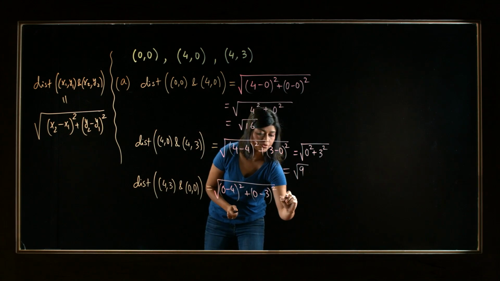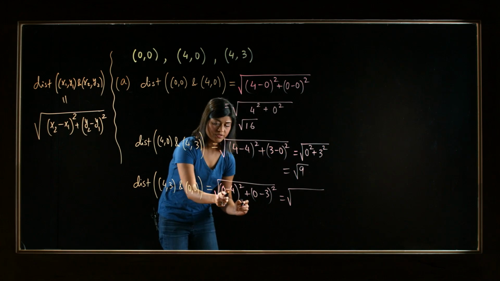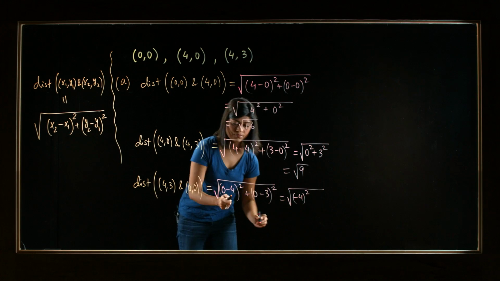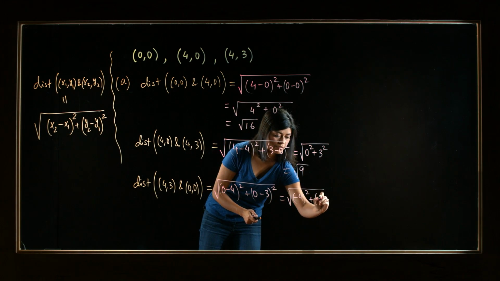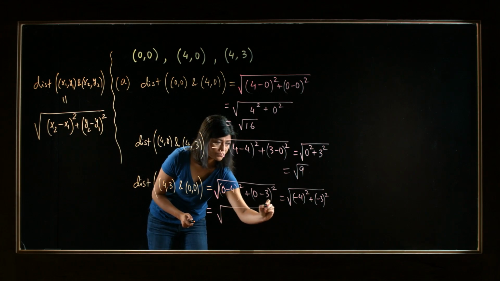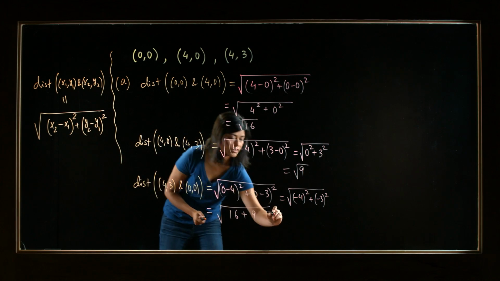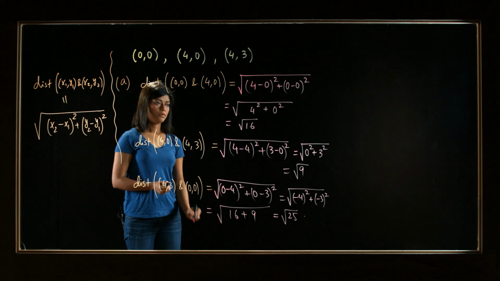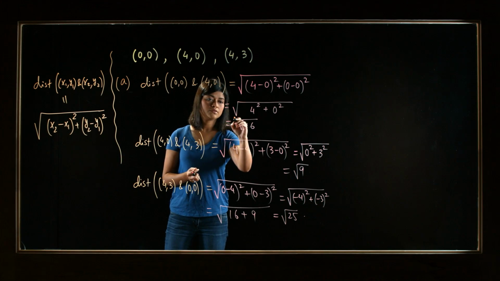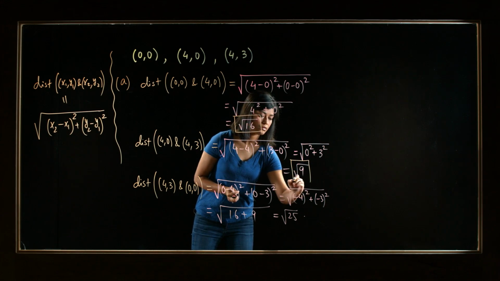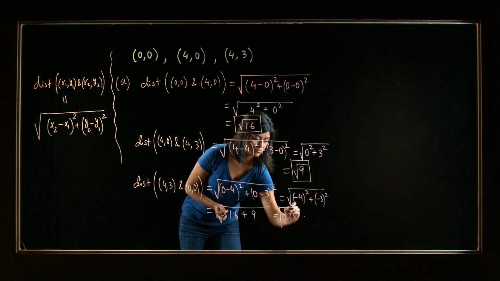And that is equal to negative 4 square plus negative 3 square, which is 16 plus 9, and that is square root of 25. So we have the lengths of the 3 sides of this triangle.